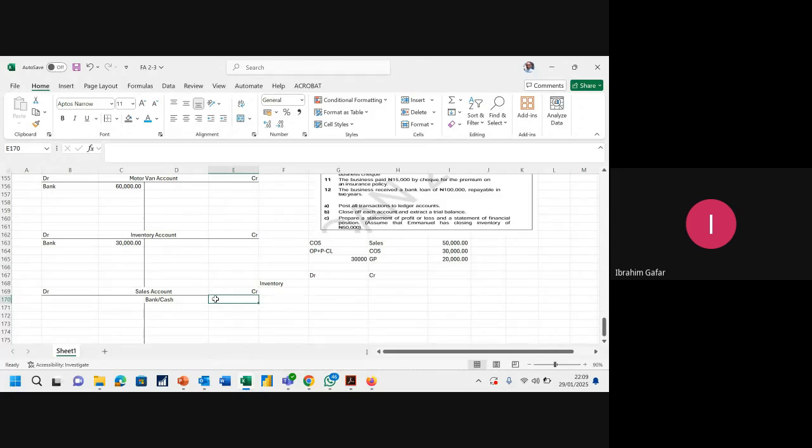From the explanation you gave earlier, what you mentioned was that we debit the sales account, then we credit the bank, because cash was used.